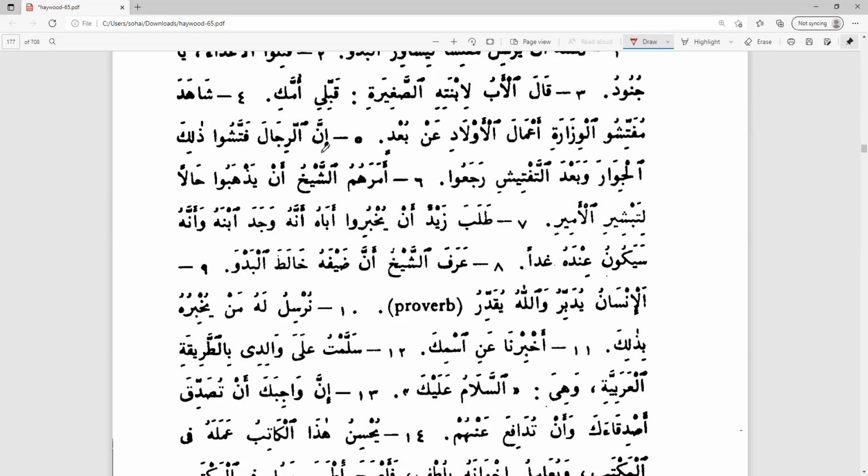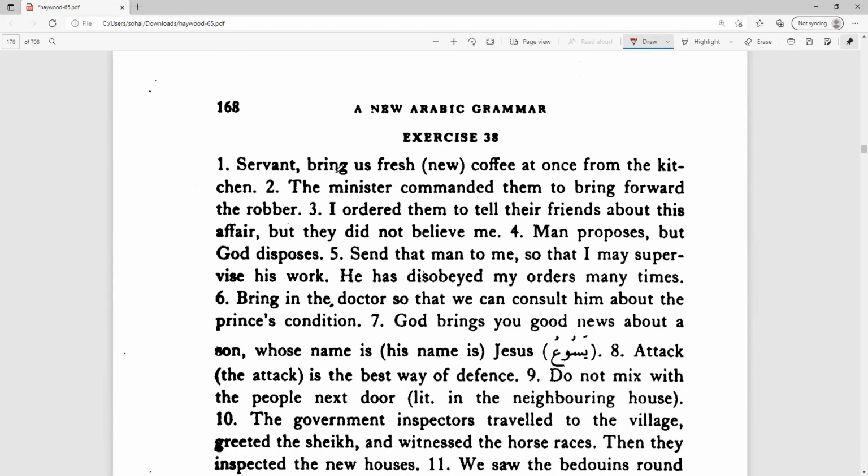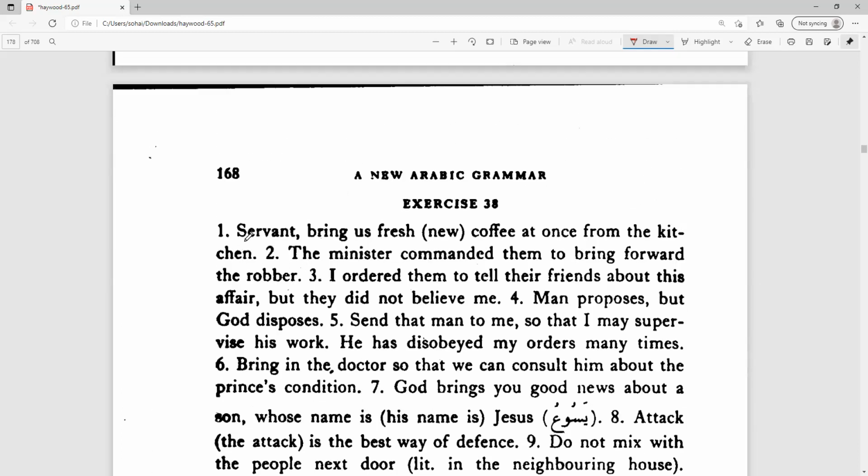Jawar is neighborhood. Dhalika is that neighborhood. That neighborhood, and after the investigation, they returned. Raja'u.